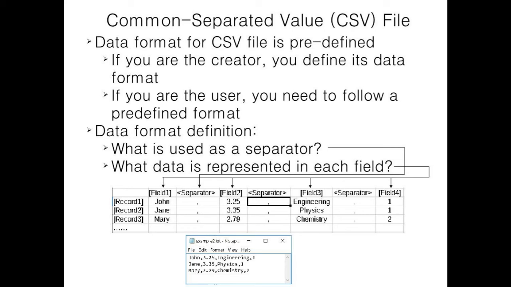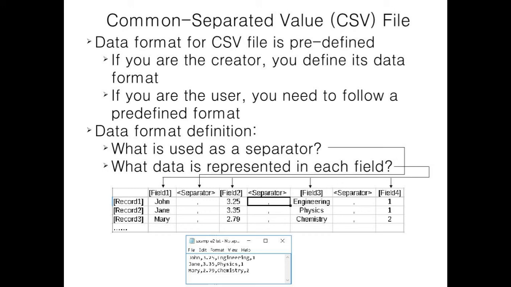And what kind of data is represented in each field? And if you are a user reading in an input file represented in the CSV file, then you need to understand what field is representing what data and what separator is being used in this CSV file.